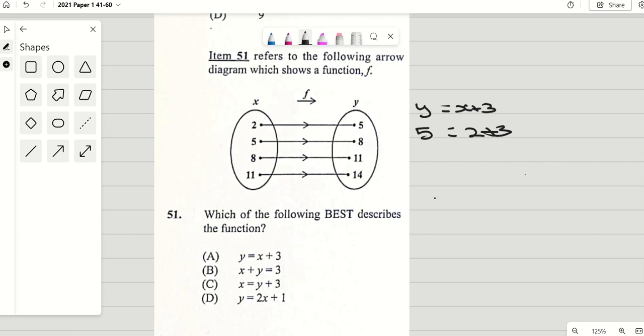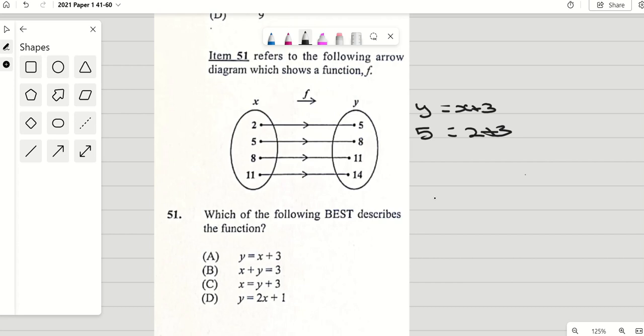Let's see. y, that is 8, is equal to 5 plus 3. Yes. 11 is 8 plus 3. Yes, 8, 9, 10, 11. So what you're going to do is put x and y in each equation to see if it works, right? So when x was 2, do you get 5? Yes.